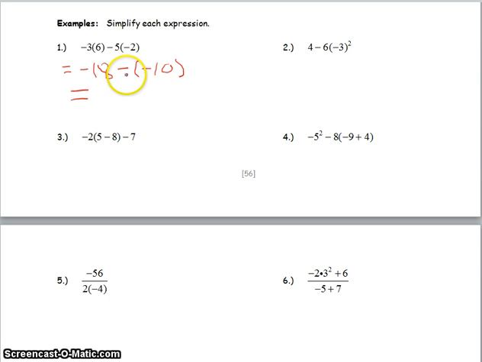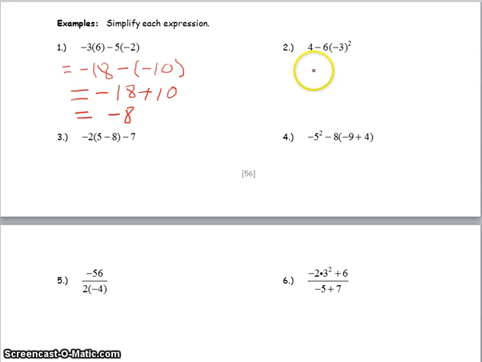Now we know this means opposite a -10. So this will become -18 plus 10. Now we add -18 plus 10 gives us a -8.